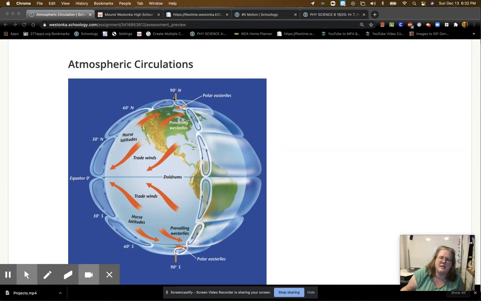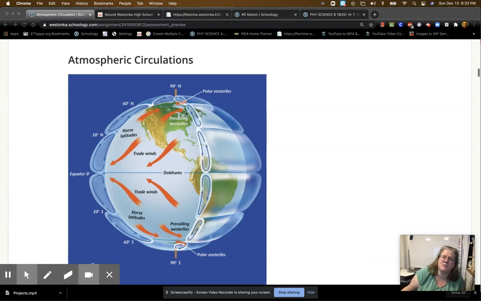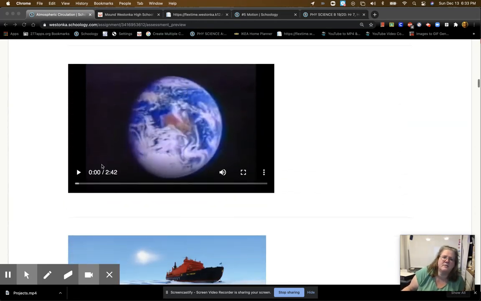So we get our sinking air at 90 and it flows south. We've got our sinking air at 30 and it flows south and north. And when those two air masses collide at about 60, the only place they have left to go is up. So we have 3 distinct cells north of the equator and 3 distinct cells south of the equator. Let's take a quick look at this.